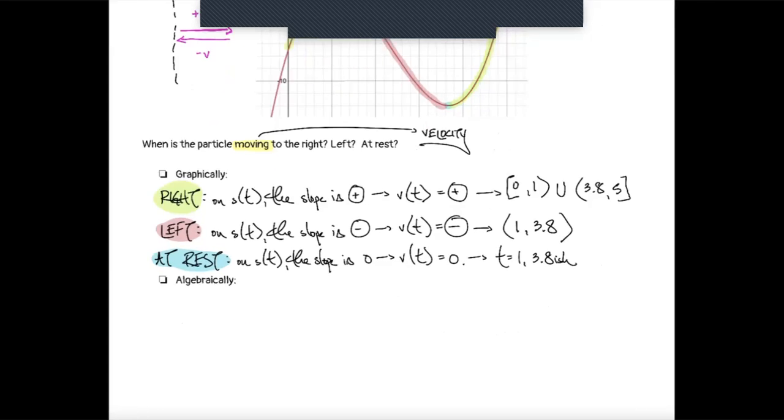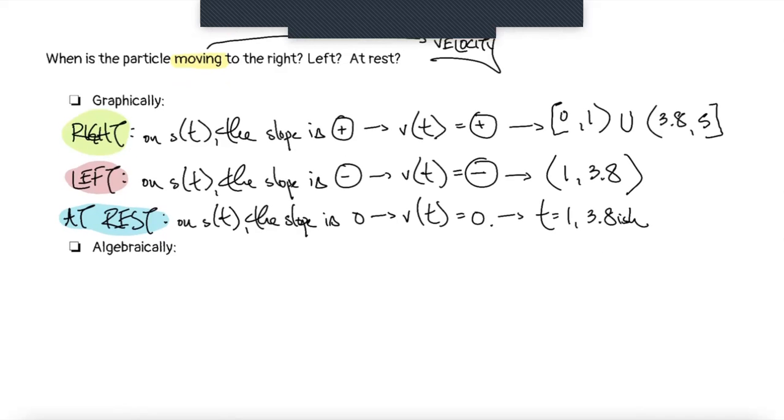So I think we can say how we would find when a particle is at rest. How would we find when our particle is at rest, given this position equation?